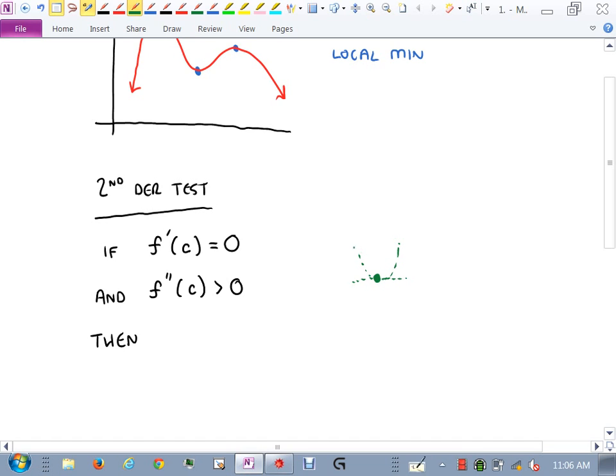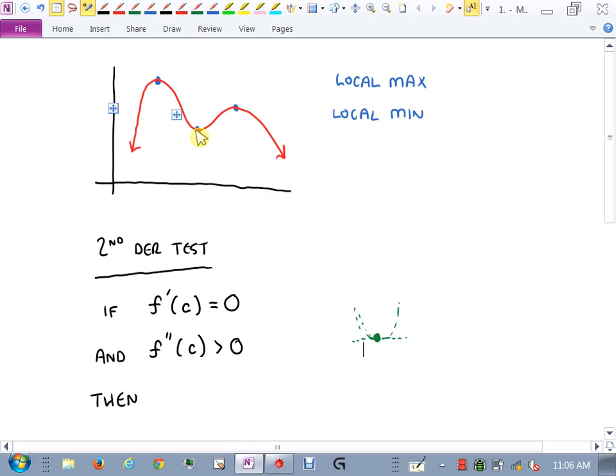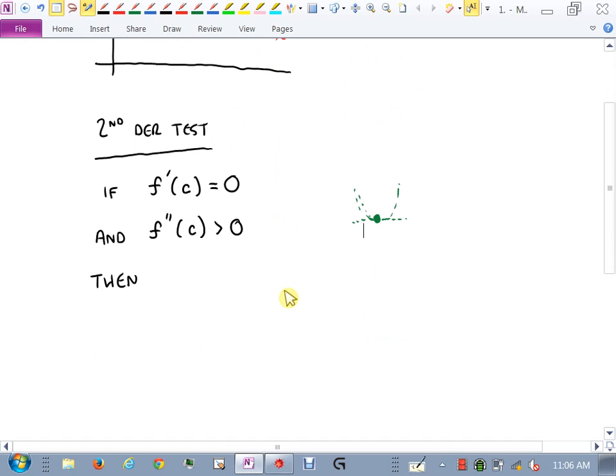The only way we can be flat here and be concave up is if we have a local minimum there. So the result here is that f of c is a local minimum. That's the first part of the second derivative test.